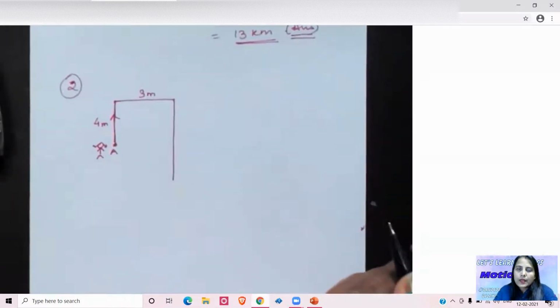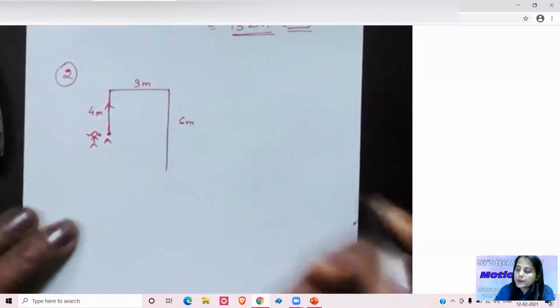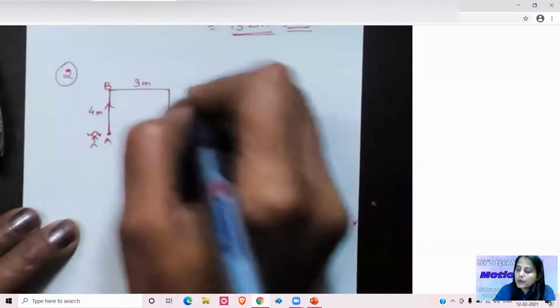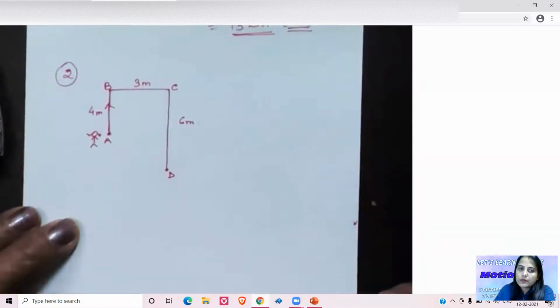Let's name it point A, point B, point C, and point D. This is the final point where she reached.